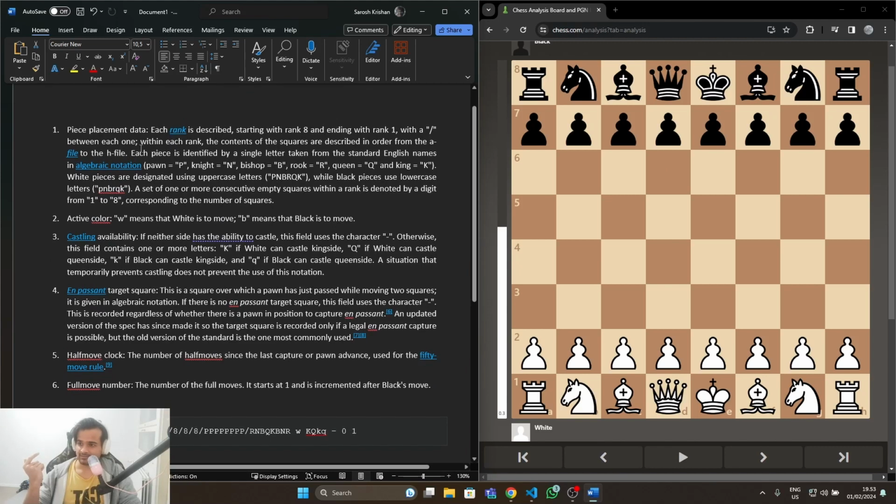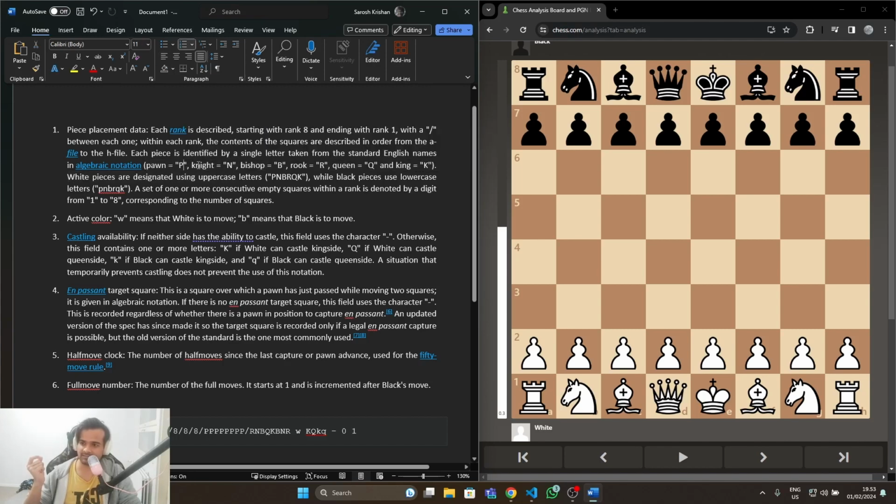Okay, with each rank, the contents of the squares are described in order from the A file to the H file. You can see the little tiny letters at the bottom here. Each file is identified by a single letter taken from the standard English names in algebraic notation. Okay, so the pieces. These are the names for the pieces.